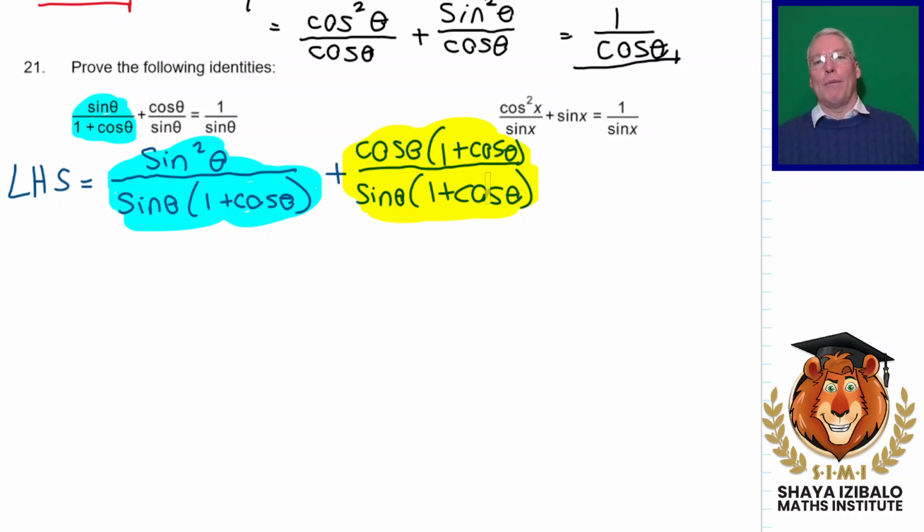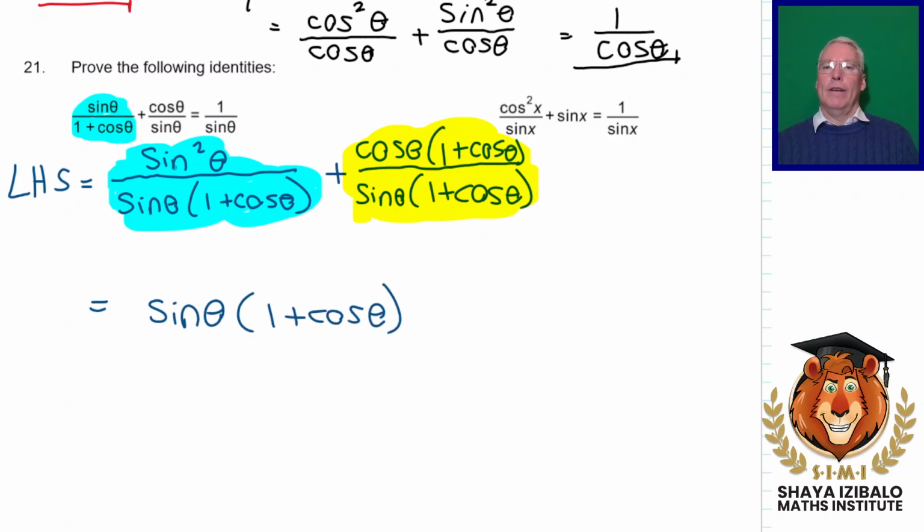And I should have said this up front, but the reason we want to add these two terms is that on the right-hand side there's only one term, and on the left-hand side there are two terms. So let's now add these two things. They've got the same denominator, so on the denominator we've got sine theta, 1 plus cos theta.